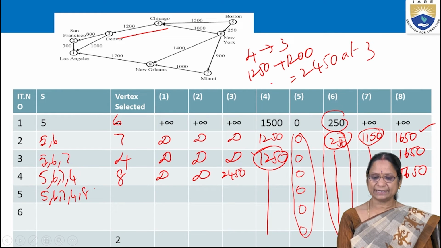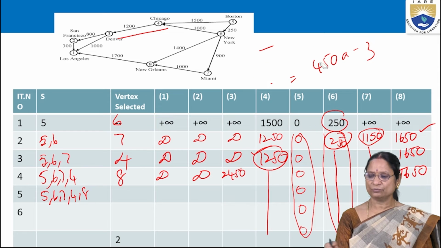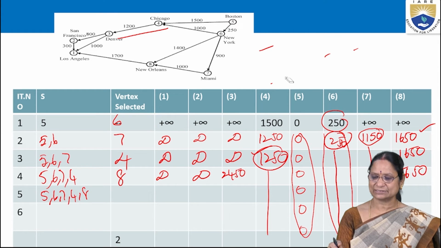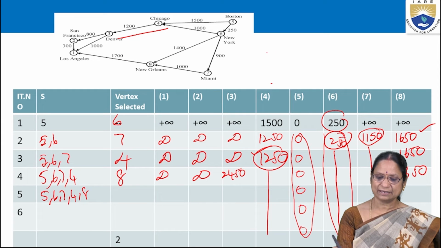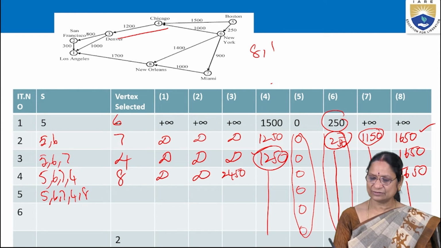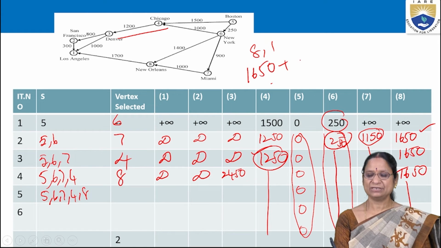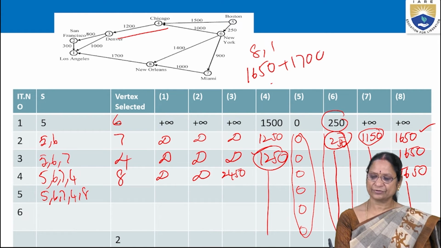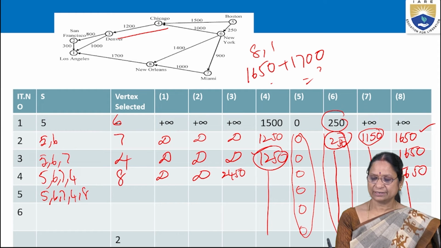From 8, what edges are directly connected? We have to consider them for further relaxation. From 8 it is connected to only one vertex, that is 8 to 1. Estimated cost of 1: the cost estimated up to 8 is 1650, plus 1700, so totally 3350 at 1.